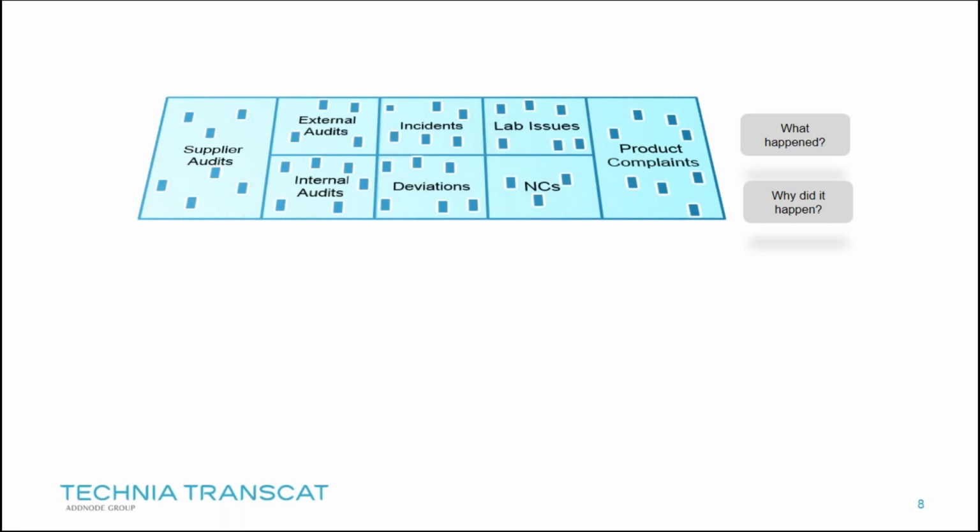So we need to understand what happened and why did it happen, and of course we need to categorize it to determine how this incident should be channeled through our organization.